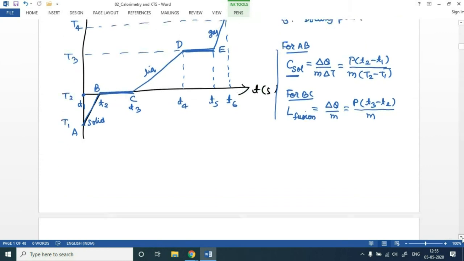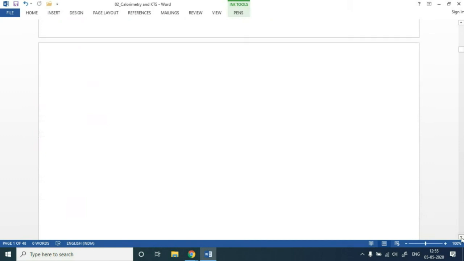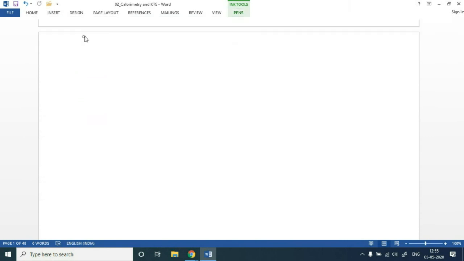Another thing I want to discuss about calorimetry is the principle of calorimetry. The principle of calorimetry states that inside a calorimeter, which is thermally insulated and closed, when two substances are mixed at different temperatures, heat lost by the hot body will be equal to heat gained by the cold body.